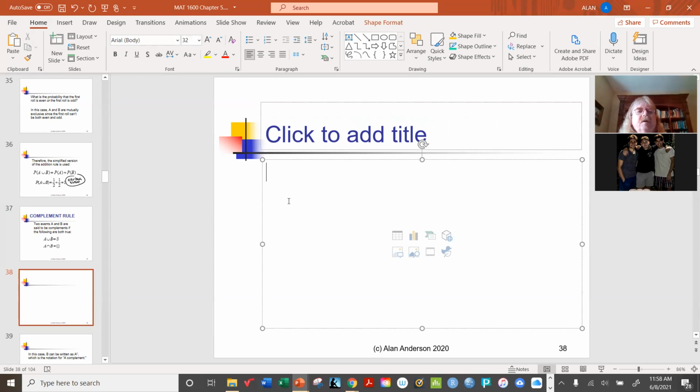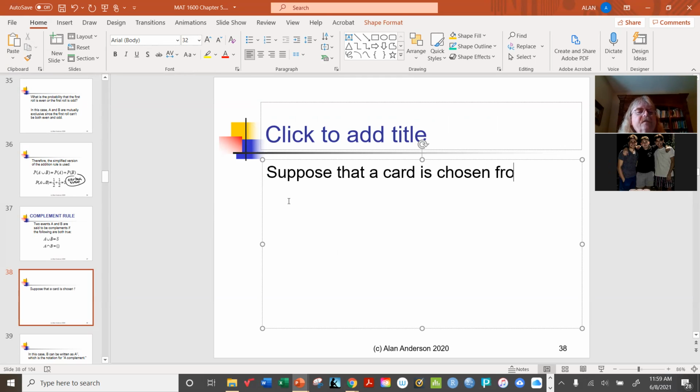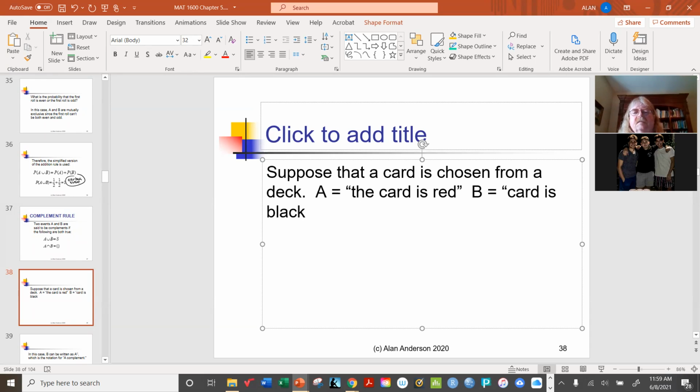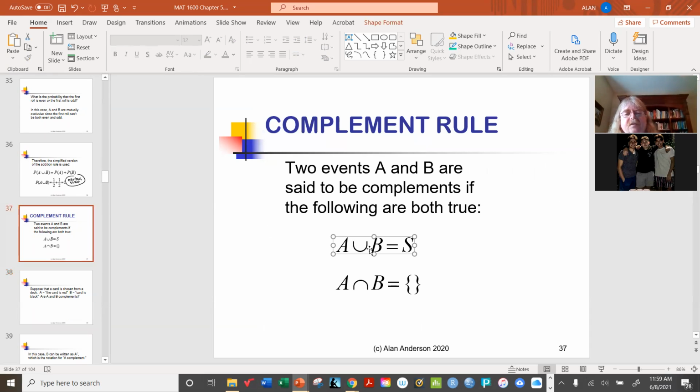So suppose that a card is chosen from a deck. A is the event that the card is red. B is the event that the card is black. Are A and B complements? Well, we can only find out by looking at these two conditions.